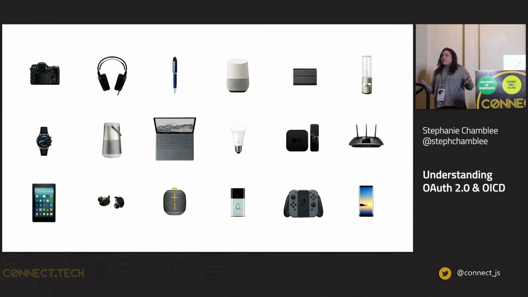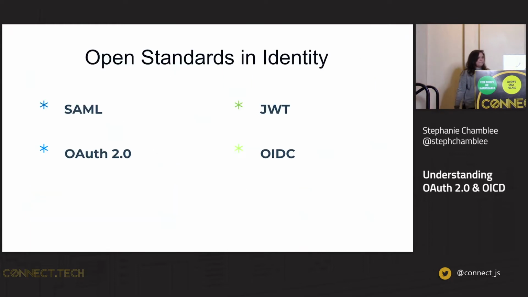They're constantly evolving because technology is evolving and more things are possible, and so with that, specifications change, especially in authorization and authentication. Some of the open standards we'll focus on in this talk are SAML, OAuth 2, JSON Web Tokens, and OpenID Connect. Today, we'll mostly focus on OAuth 2.